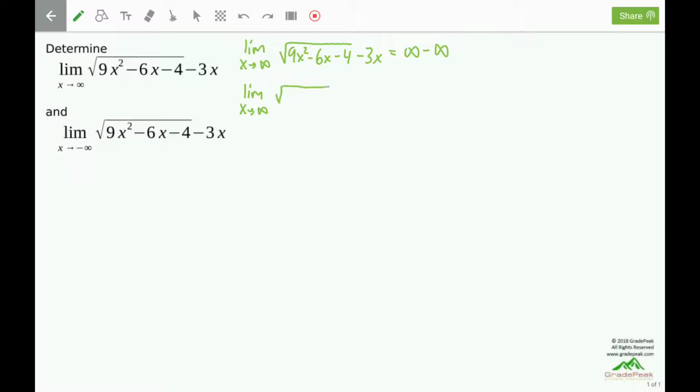Rewriting the original limit exactly as is, we can form the conjugate, which is the same two terms in the root combination, but opposite sign between them. So instead of a minus 3x, it'll be plus a 3x.